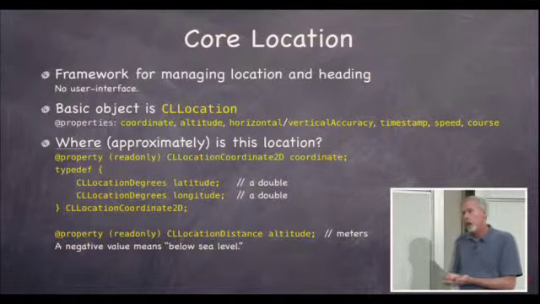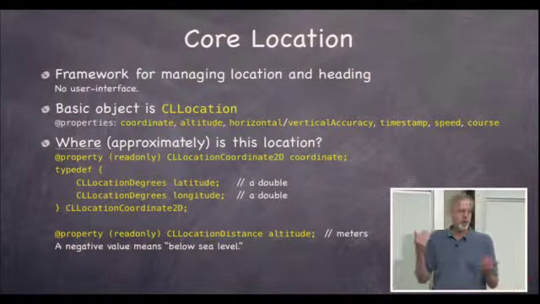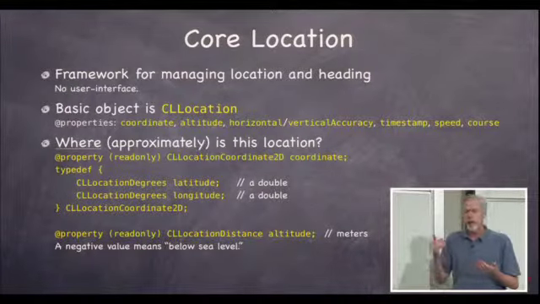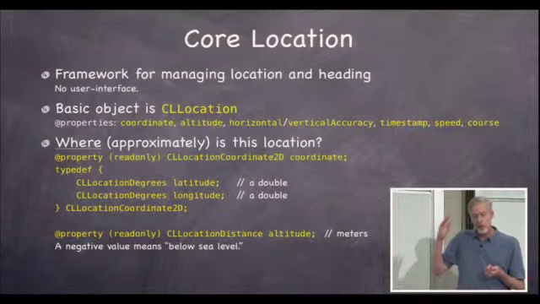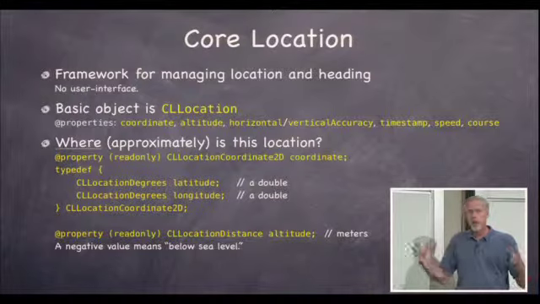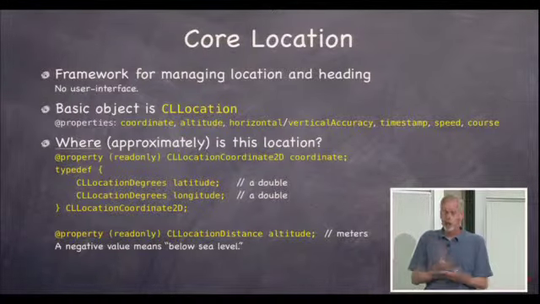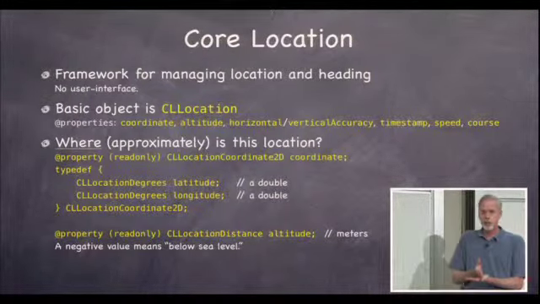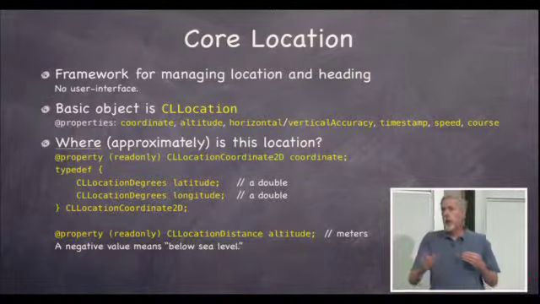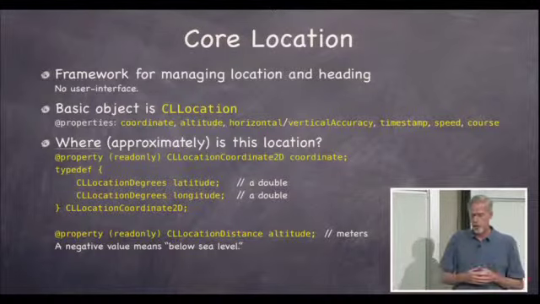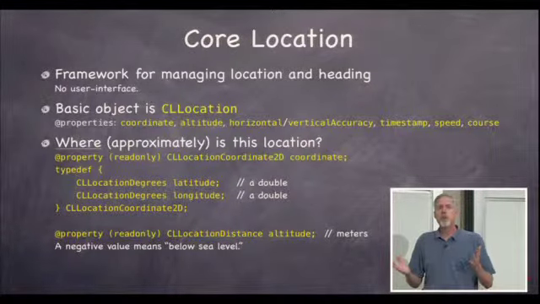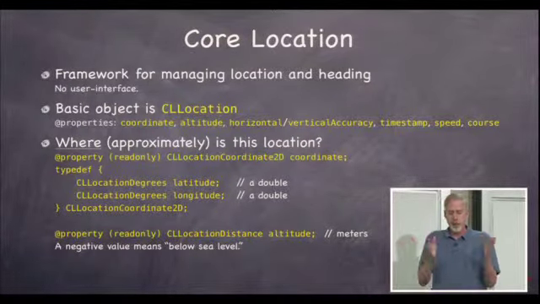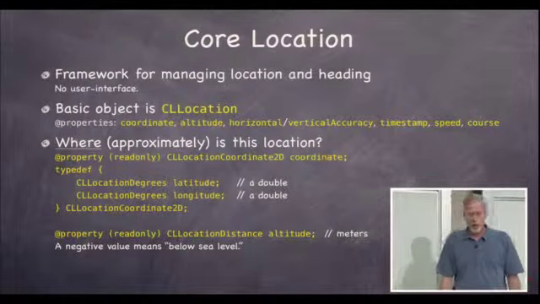The properties on a CLLocation are things like the coordinate, the GPS coordinate, and even altitude. There's the accuracy of this location reading, which we'll talk about, a timestamp for when this location was taken, speed, how fast you're moving instantaneously through GPS coordinates, and course, which is your heading as you're moving along.